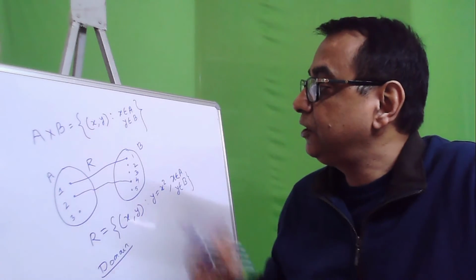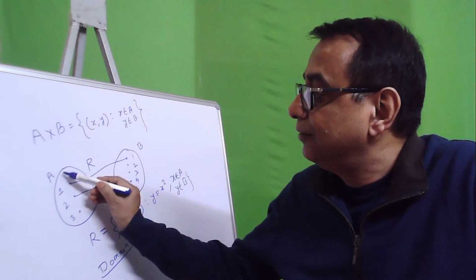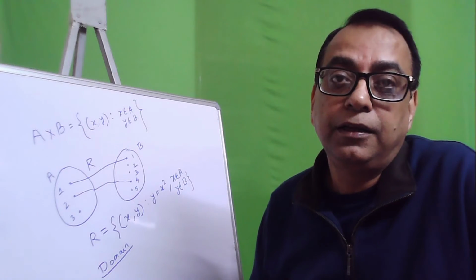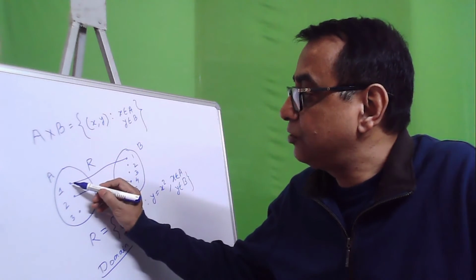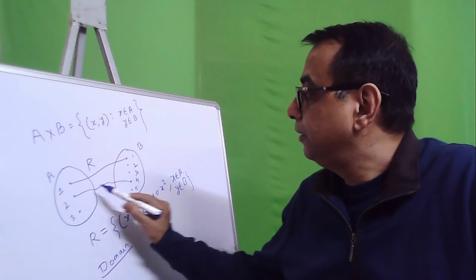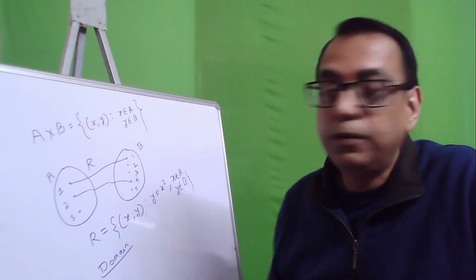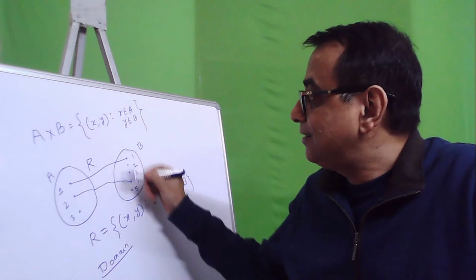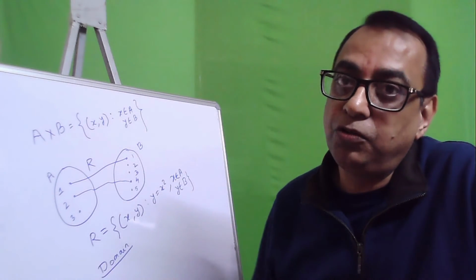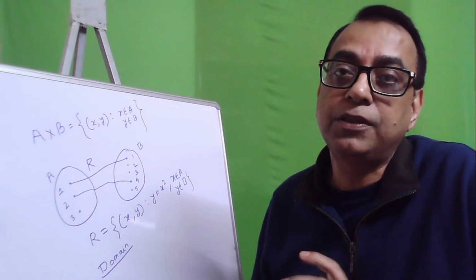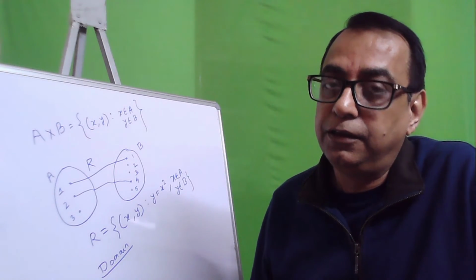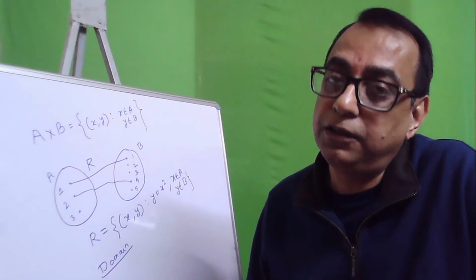The domain of relationship is those elements in A which has got a corresponding element in set B. So in this case, domain will be 1 and 2 because it has got corresponding elements in B. 1 becomes 1, 2 becomes 4. 3 is not in the domain because in set B, 9 is not there. If 9 were there, then 3 would have been part of the domain. So basically, the values that the relationship can take for this function is called the domain of the relationship.